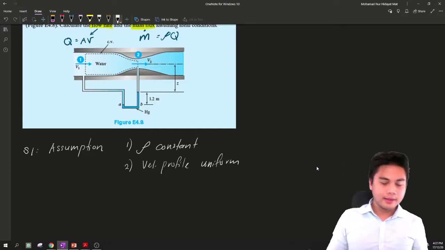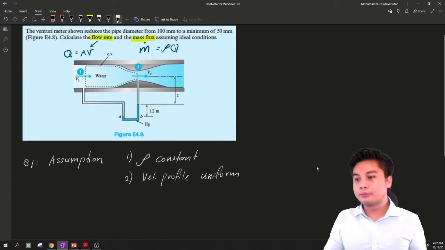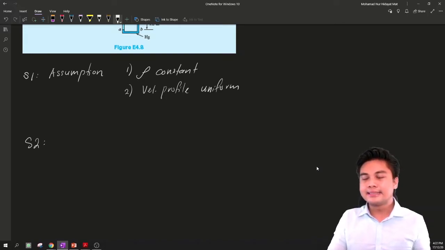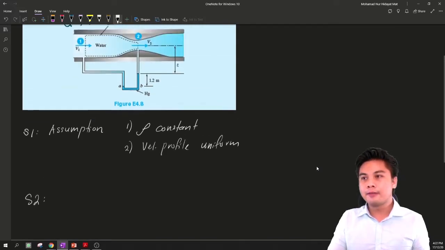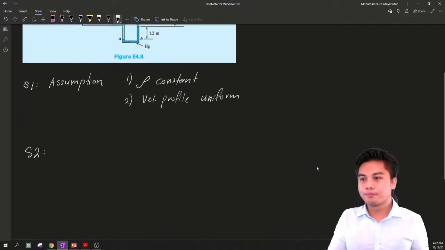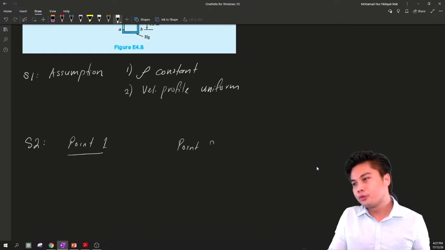And after that, alright, after we have listed out all the assumptions, step number 2, we need to list what we have at point 1 and point 2. Let's say we consider point number 1 and point number 2.